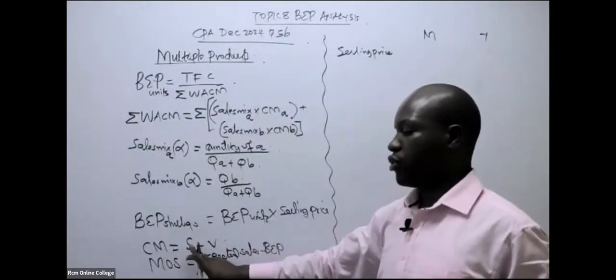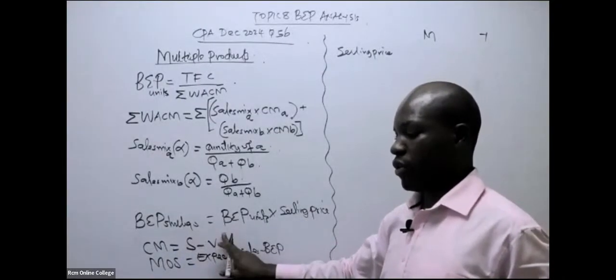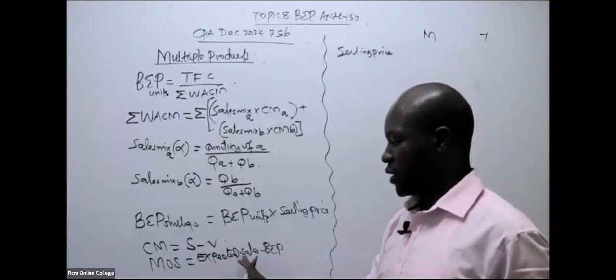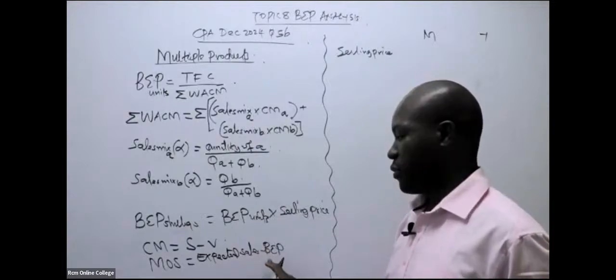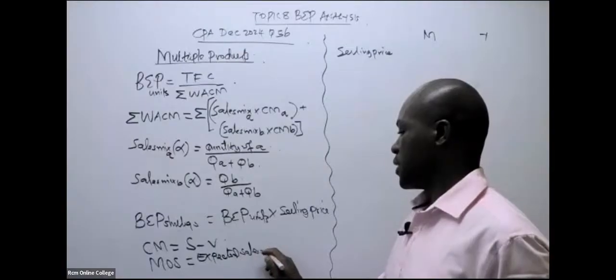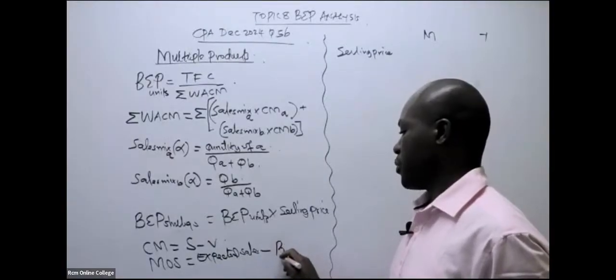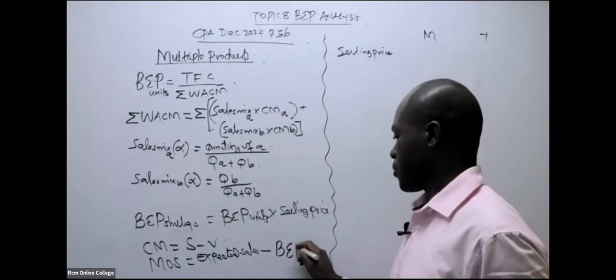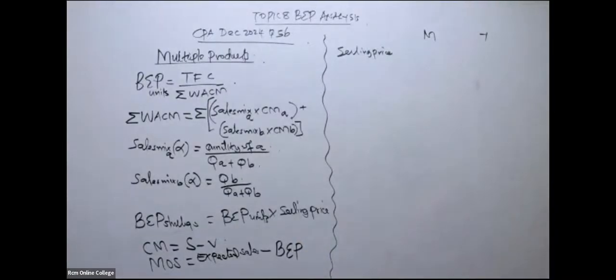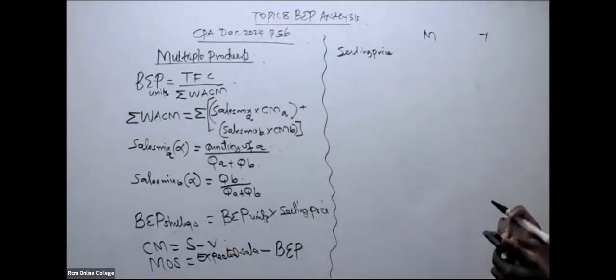Contribution margin is equal to selling price per unit minus variable cost per unit. Then margin of safety is expected sales minus break-even point. Great. So are we given selling price?